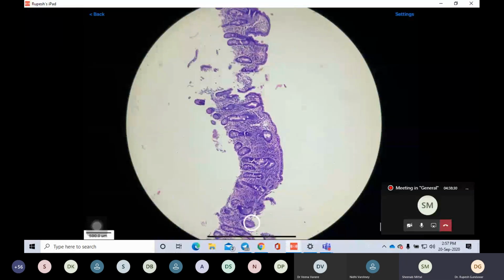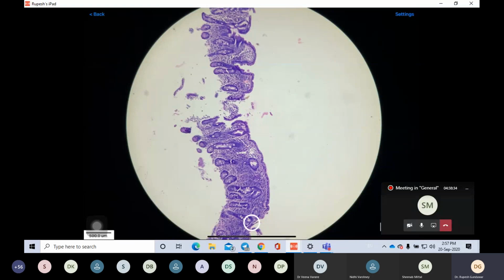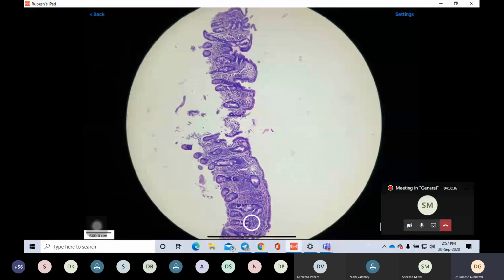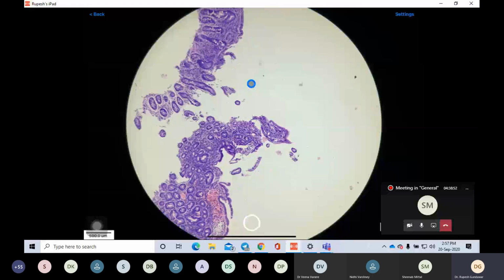The only thing we can confidently judge is whether it is 3C or not 3C. For 3C, you will expect complete atrophy or complete absence of villi. If somewhere you can see villi, like here, they are flat but not completely absent, or even here, the villus projection is present. So here you can grade this as 3B.